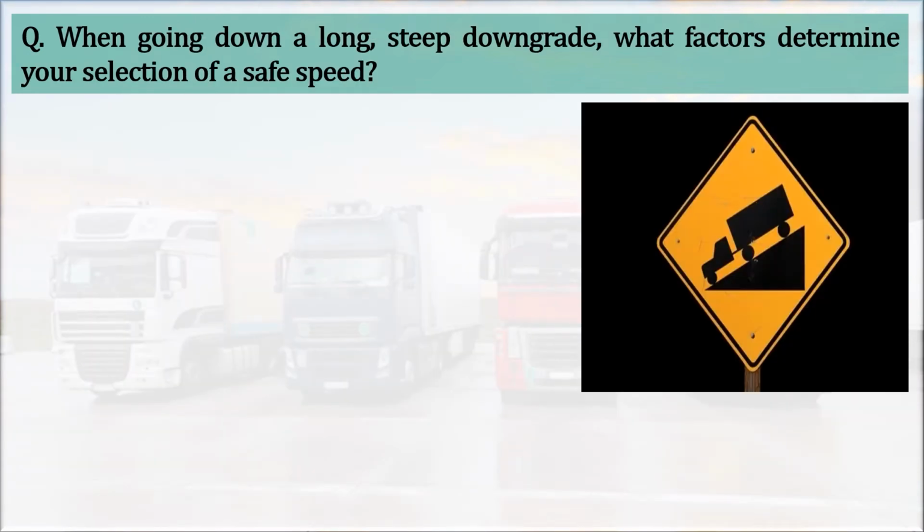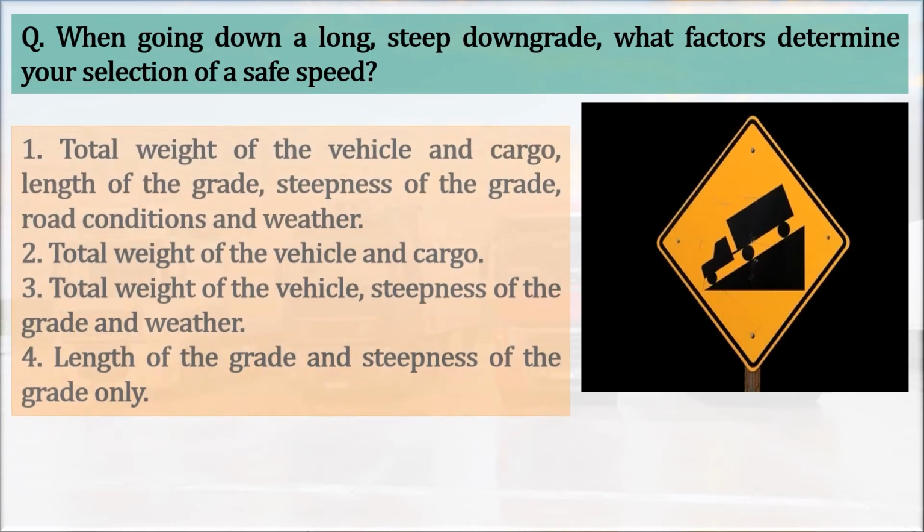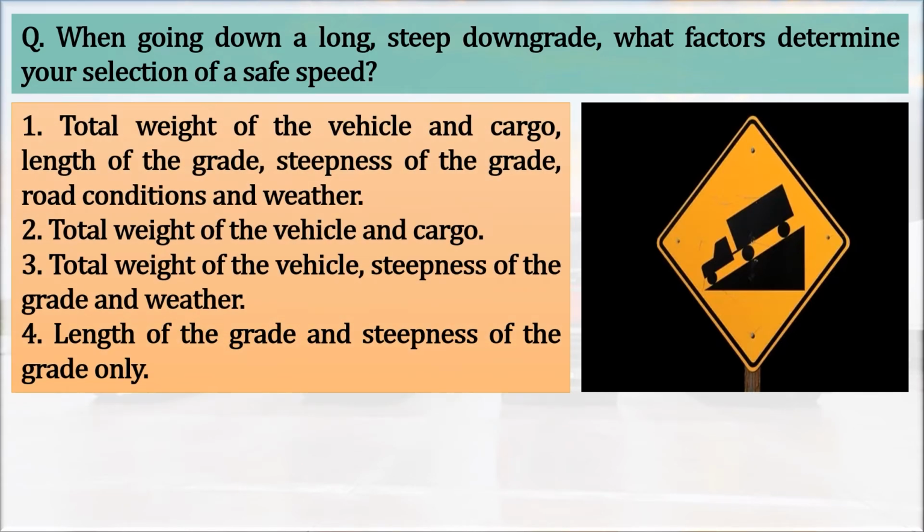Question: when going down a long, steep downgrade, what factors determine your selection of a safe speed? Option number 1, total weight of the vehicle and cargo, length of the grade, steepness of the grade, road conditions and weather. Option number 2, total weight of the vehicle and cargo.